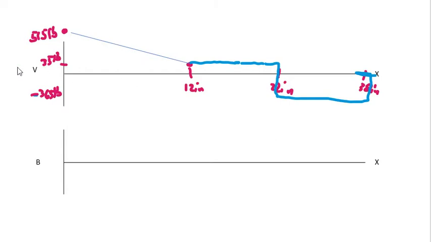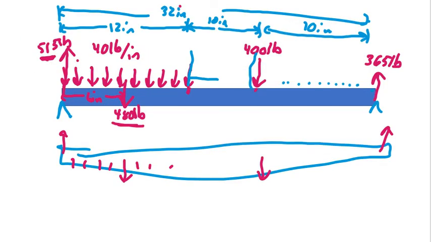Now, if I look at this, as I move this way, this force, the first 12 inches, is going to be a constant 515, and I'm going to keep increasing my distance, so the moment produced by this is going to go up. As I move over, the forces are increasing, and the distances are increasing.